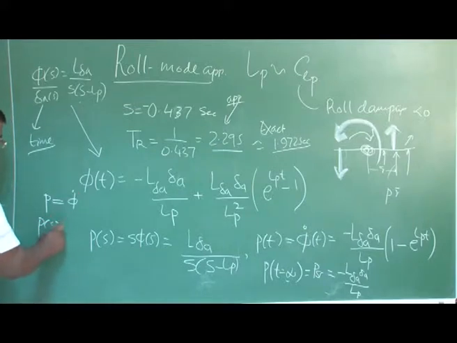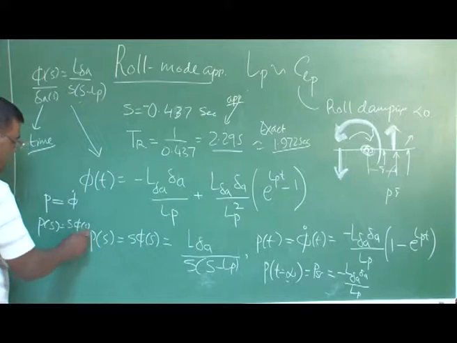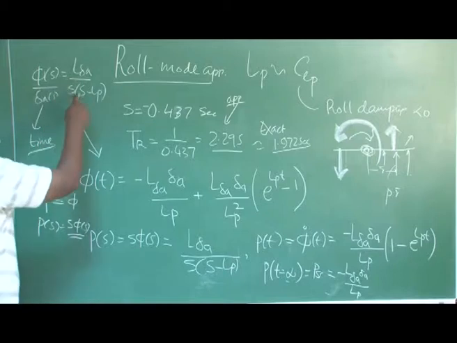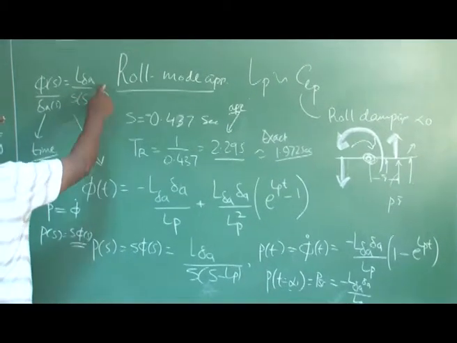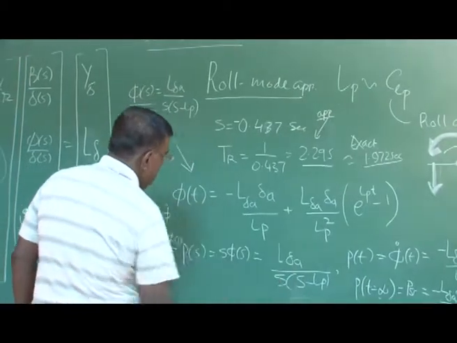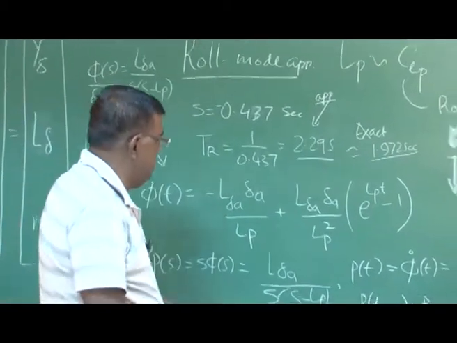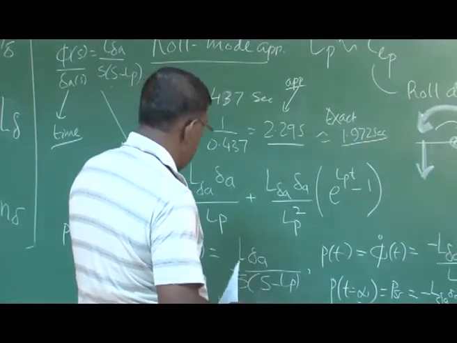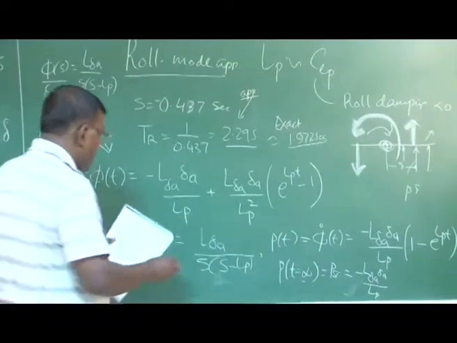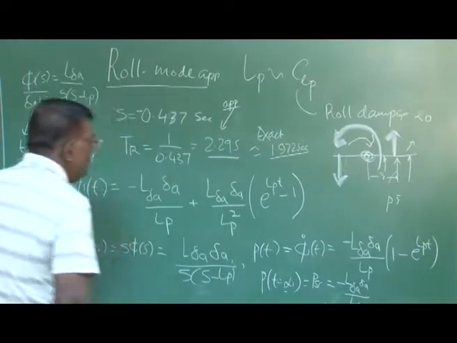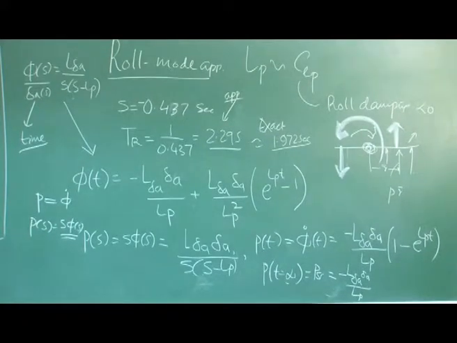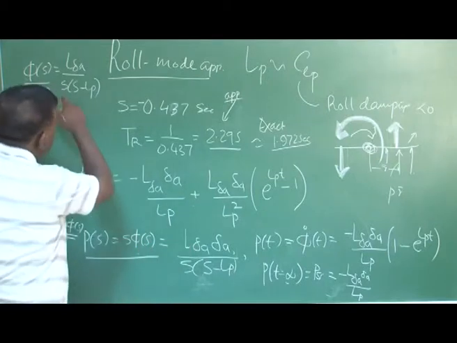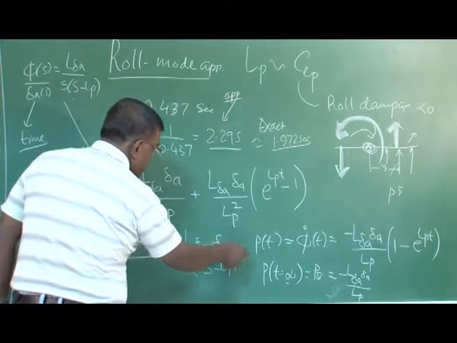So P of S equals S phi of S. And the phi of S expression is L delta A by S minus LP into delta A of S. So P of S is S phi of S, that will be L delta A by S minus LP, and of course delta A will be there. So once I know P of S is S phi of S, and the phi of S expression I already know, this is my P of S.